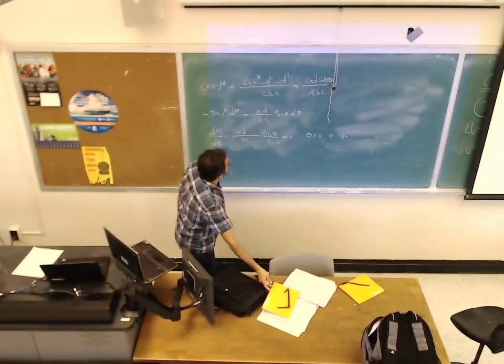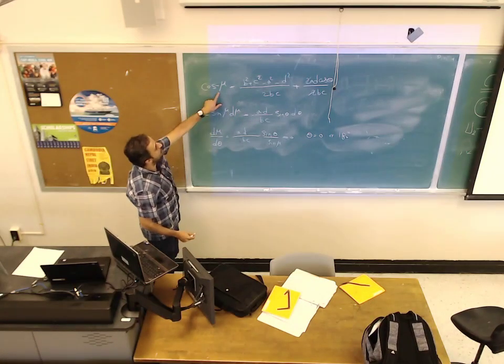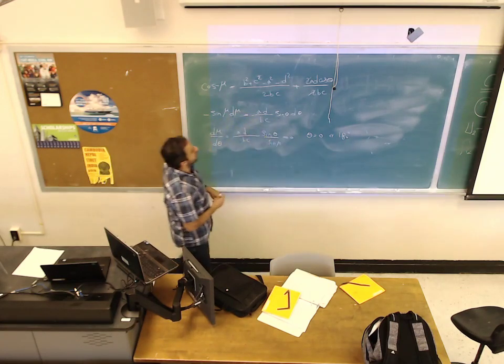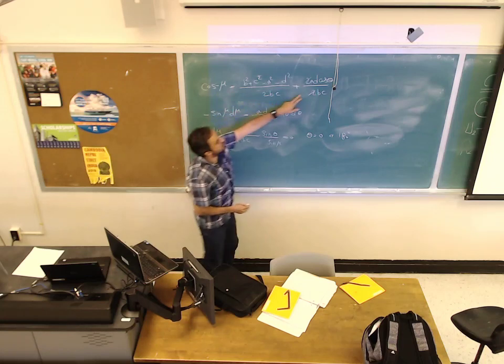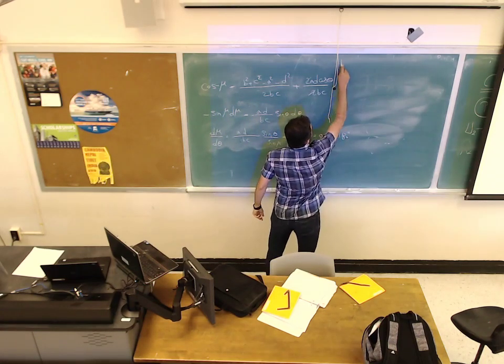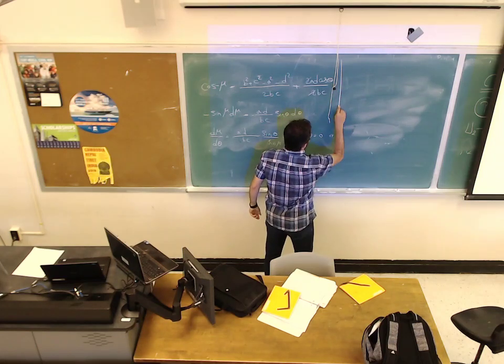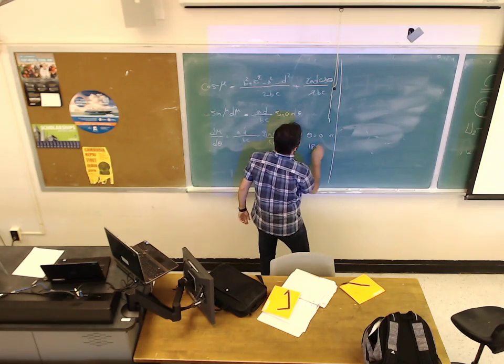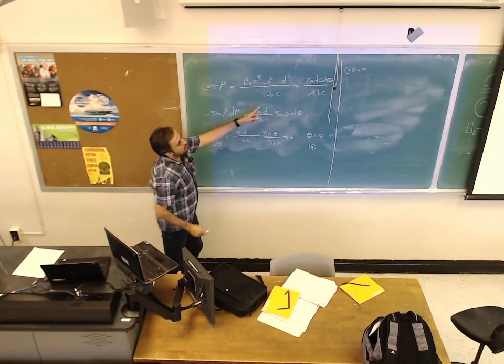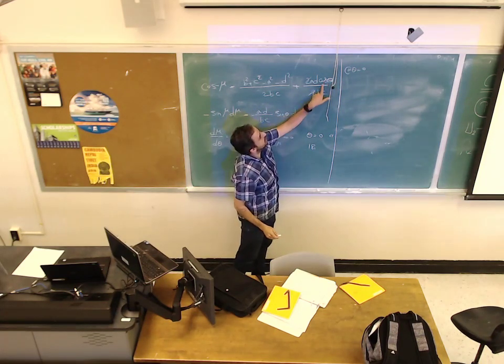So what I'm gonna do is find the value of the mu at theta equals 0 and at theta equals 180. So here I'm just plugging in theta equals to 0. Cosine of 0 is 1.